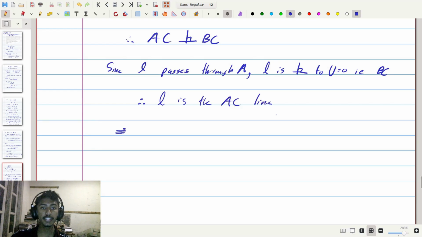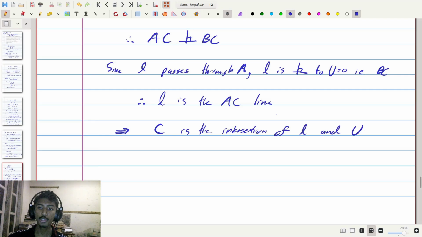And from that we can derive that the point C is the intersection of L and u equals 0.